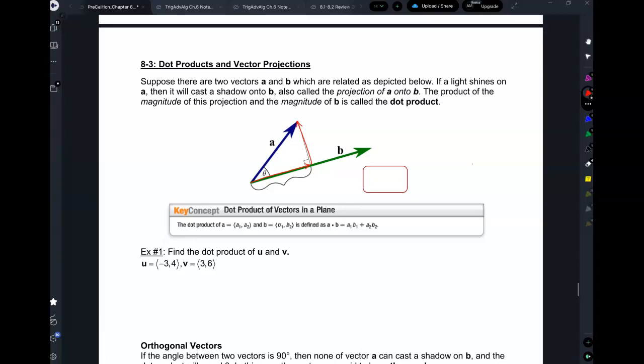No. This one and this one. They are components because they add to create vector A. They're not necessarily the rectangular components, but these are a pair of components of vector A. The reason why this is special now is because one of the components lies along the other vector B.